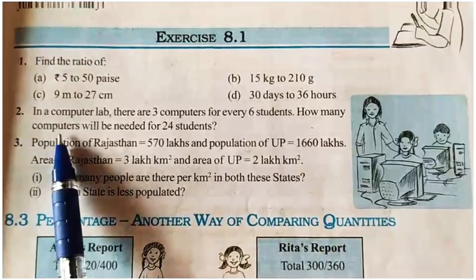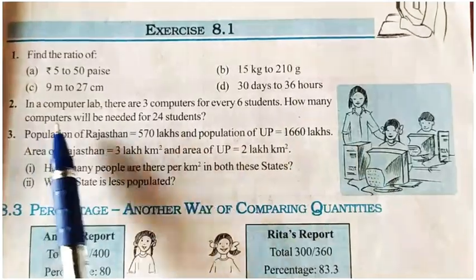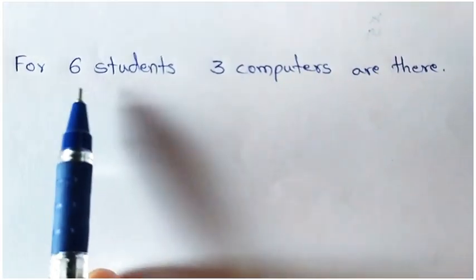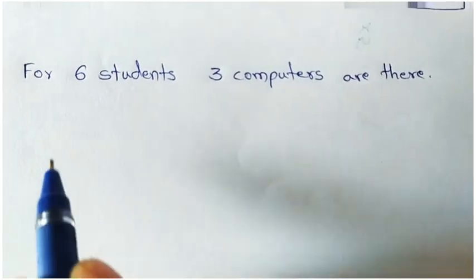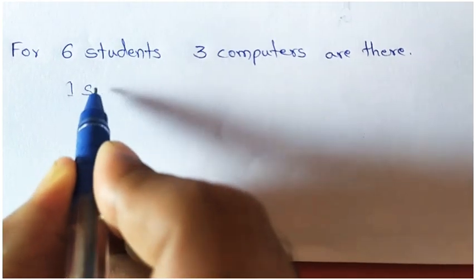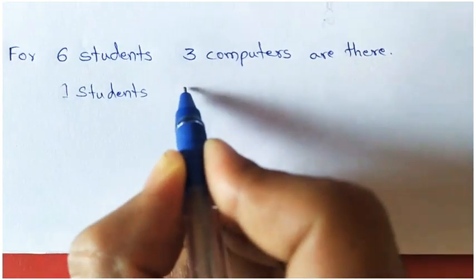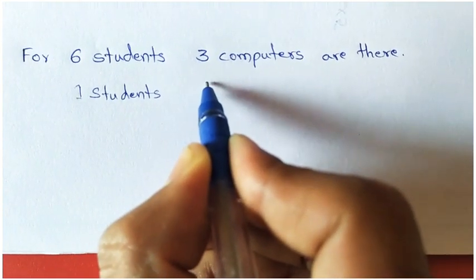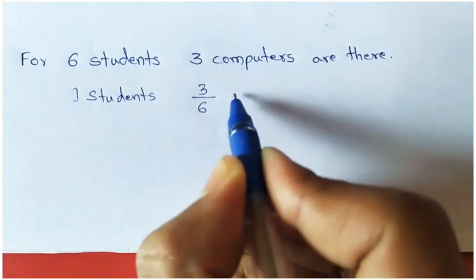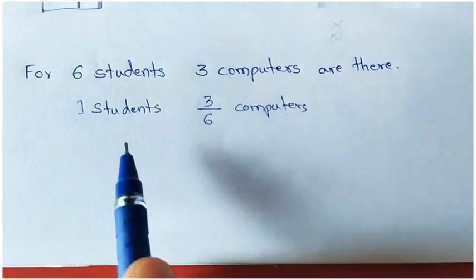Now in the second question, in a computer lab there are 3 computers for every 6 students. How many computers will be needed for 24 students? For 6 students, 3 computers are there. So for this, what you have to do? For one student, how many computers will be available? For one student it will be 3 by 6 computers. So we converted it into for one student.